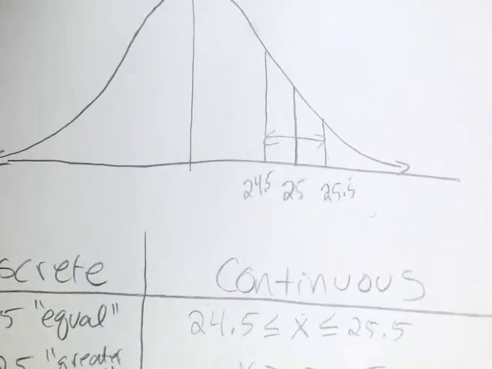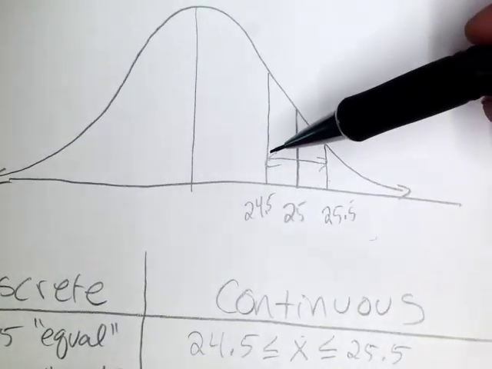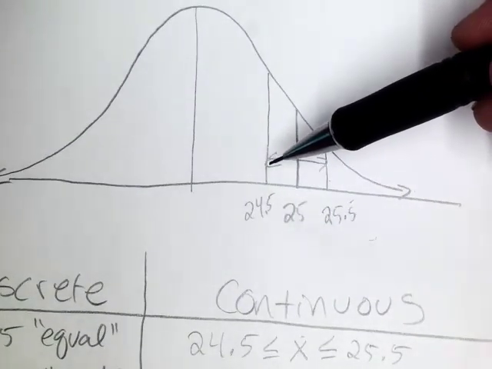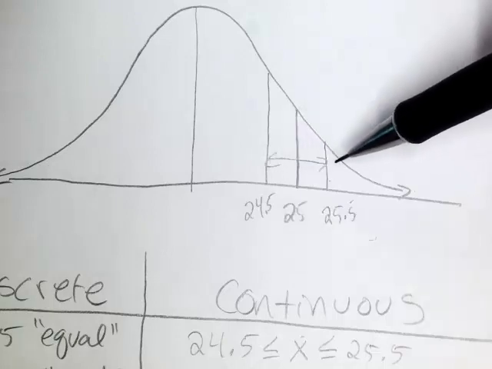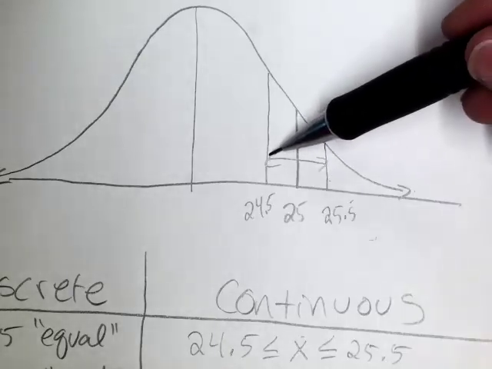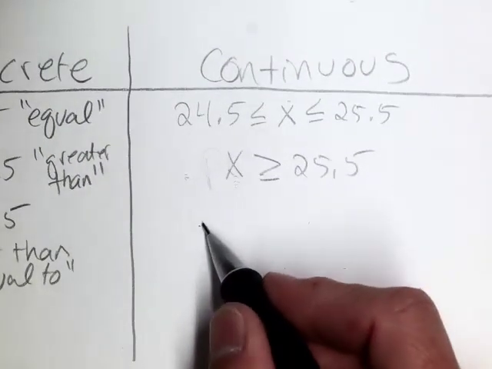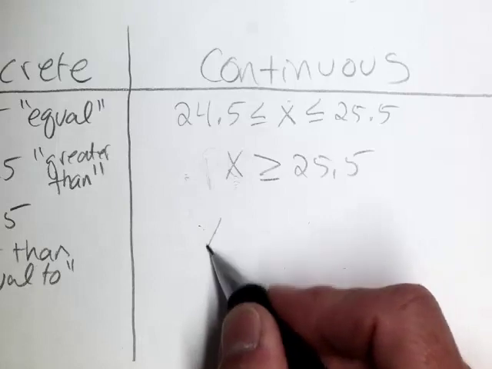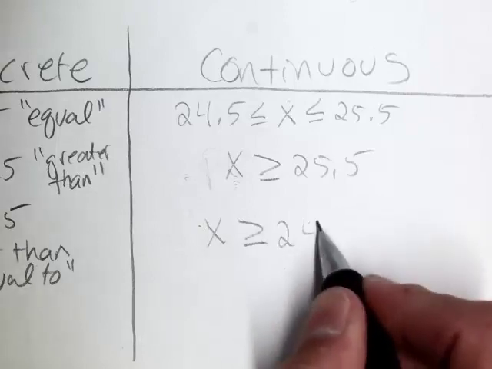Now remember, 25 in the continuous case goes from 24.5 up to 25.5. So if we want to be greater than or equal to 25, we would need to go down from 24.5 up to positive infinity. So in the continuous case, that would be x is greater than or equal to 24.5.